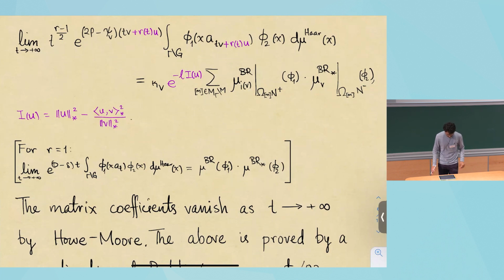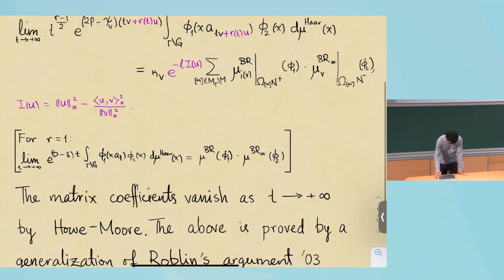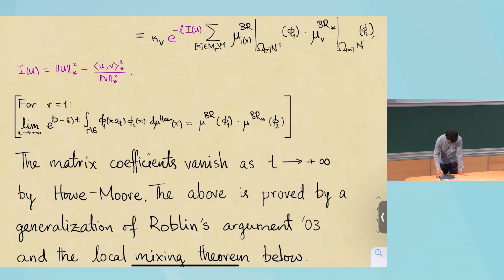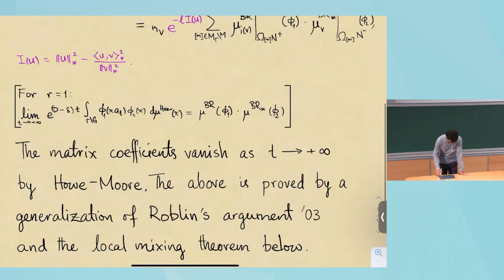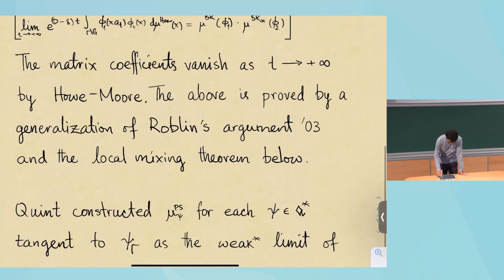In the real hyperbolic case, this is just the dimension of the boundary, but in the other cases, because you have twice the simple root, you have to modify the growth of volume according to that. So this is some other quantity d. This is just to compare with the rank 1 case.